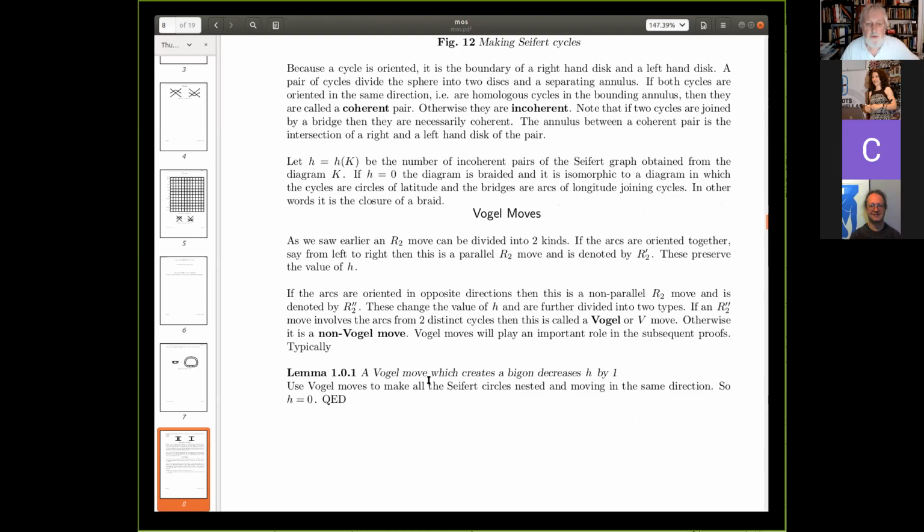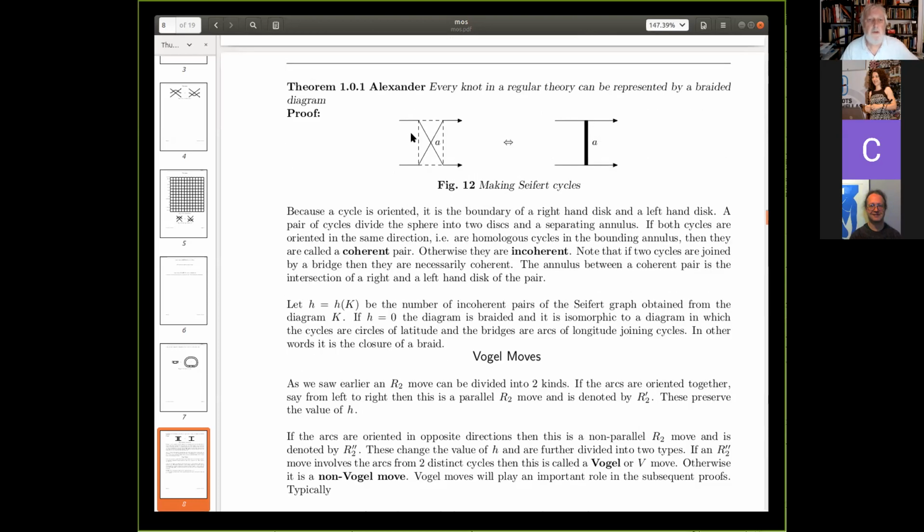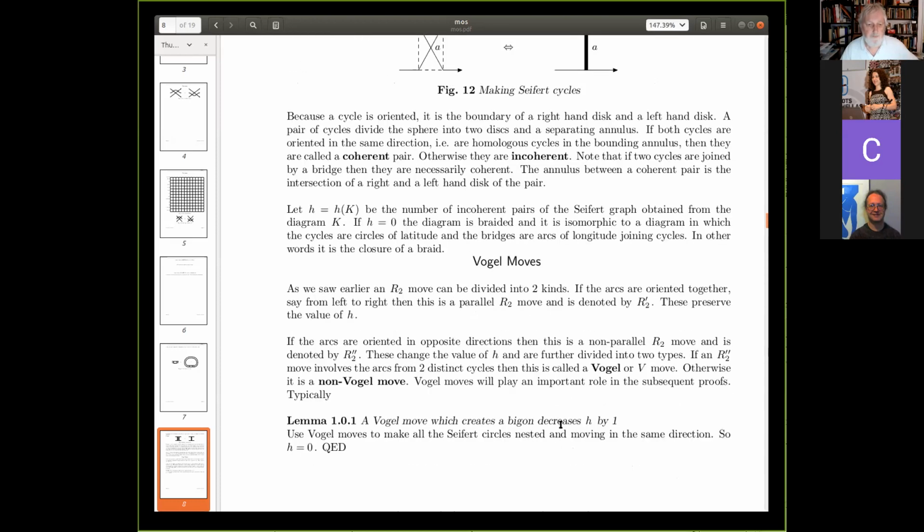A Vogel move which creates a bigon, in other words, a creative Vogel move, decreases h by 1. So if h is n, we make n Vogel moves, and lo and behold, h is 0. And we've done the proof. We've made this generalized Alexander theorem work.